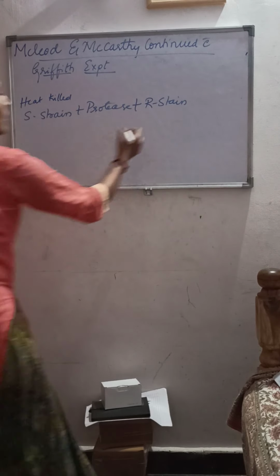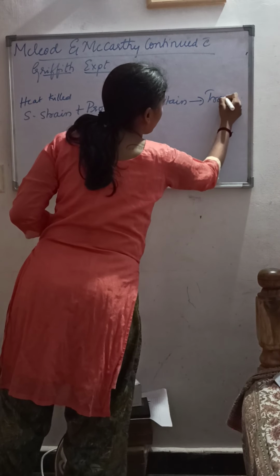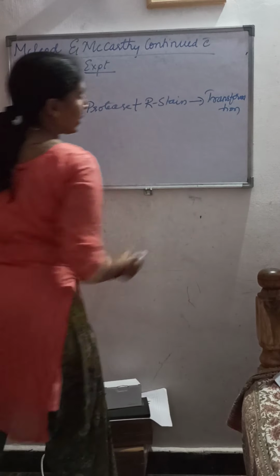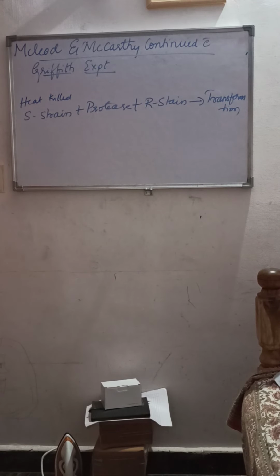In the second, heat killed S strain plus RNase plus live R strain. So there was a transformation. There also, transformation. In the third, heat killed S strain plus DNase plus live R strain. But there was no transformation.